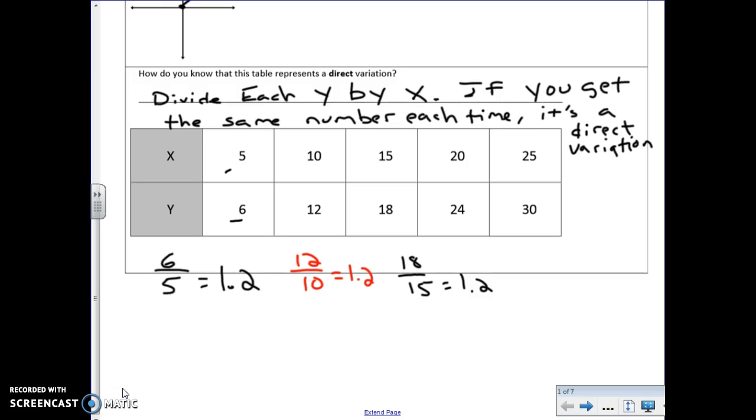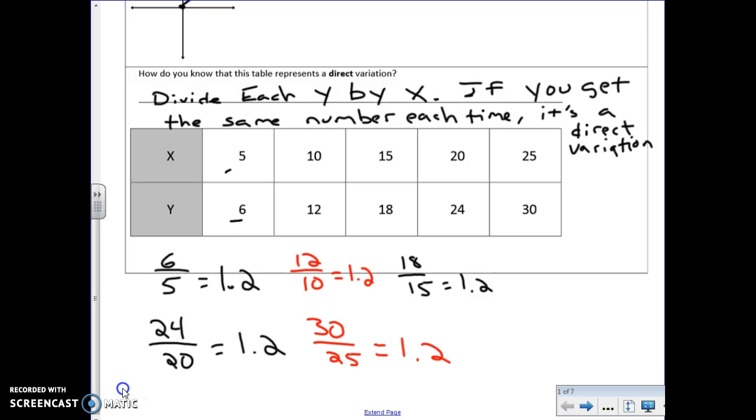1.2. 24 divided by 20, what do you think it is? Is it 1.2? Yep. And last but not least, let's try 30 divided by 25. You get 1.2.